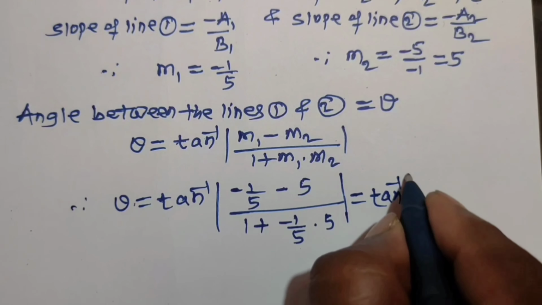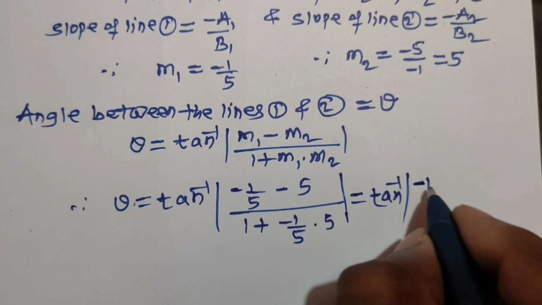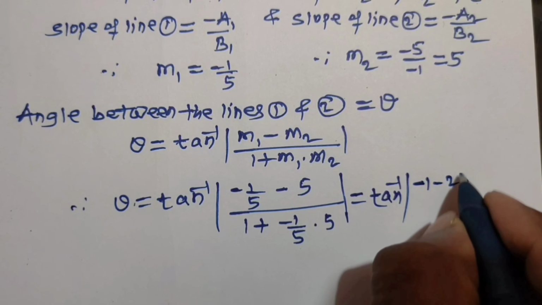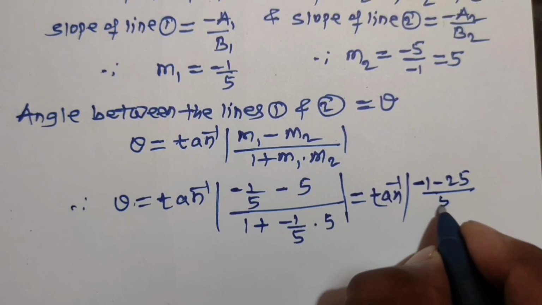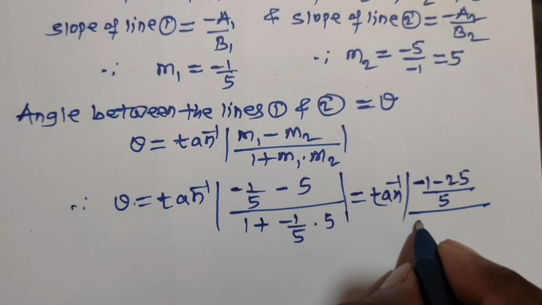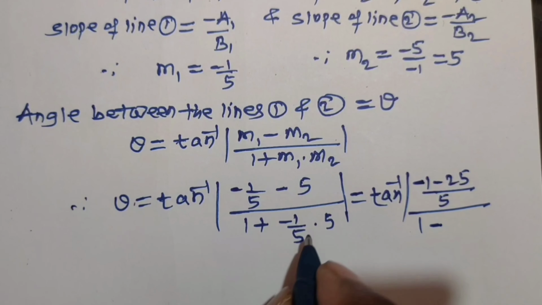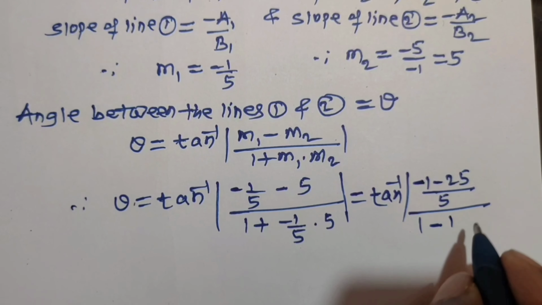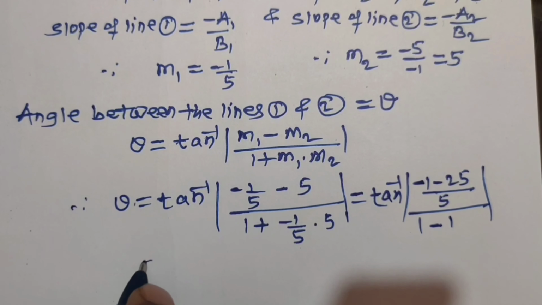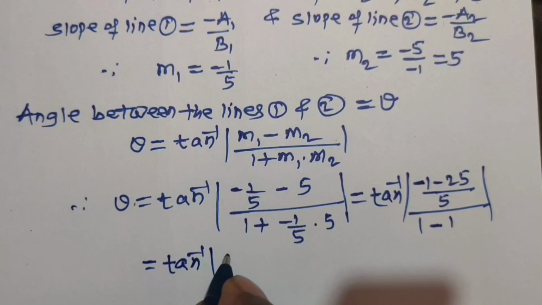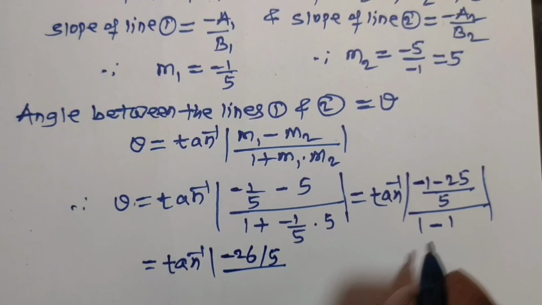because m1 is minus 1 upon 5 and m2 is 5. Hence, after simplification, theta can be written as tan inverse in modulus minus 1 minus 25 divided by 5, which is numerator, and denominator becomes 5 gets cancelled, hence 1 minus 1, that is 0.